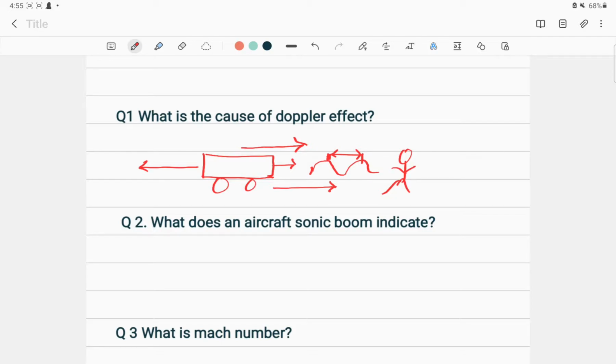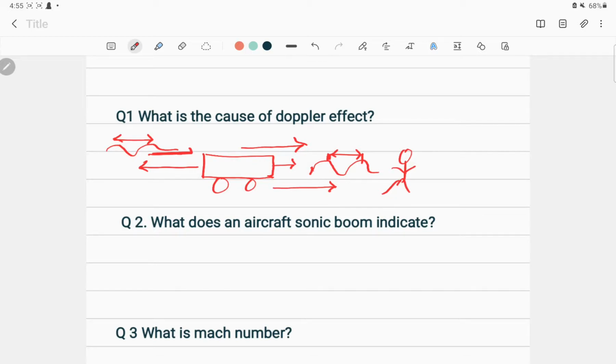On the other hand, on the rear end, the wavelength of wave is increasing. So wavelength will be increasing in backside of the car and decreasing in front of the car when it is moving.